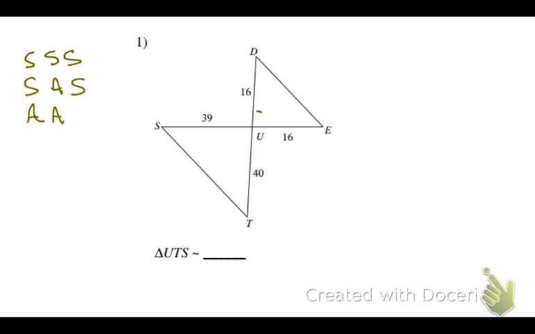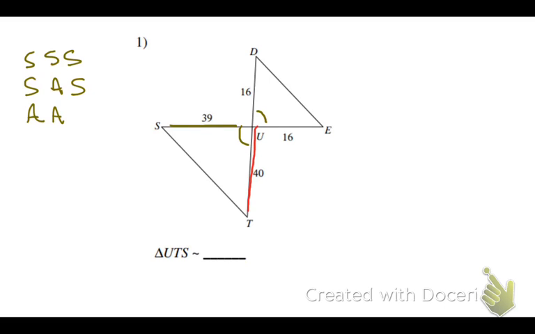Well, because of vertical angles, we know these two angles are congruent. We don't know any other angles, so it's probably not going to be angle, angle. Then we might say, well, I've got a side here and an angle and another side. So chances are it's going to be side, angle, side.